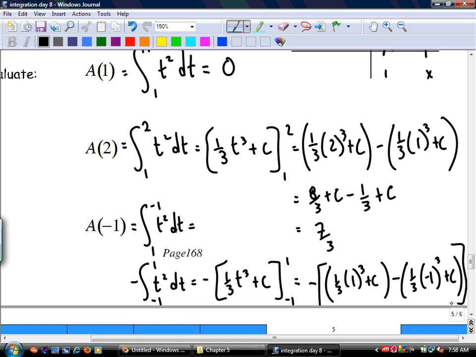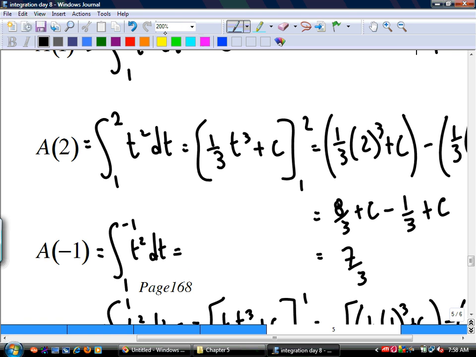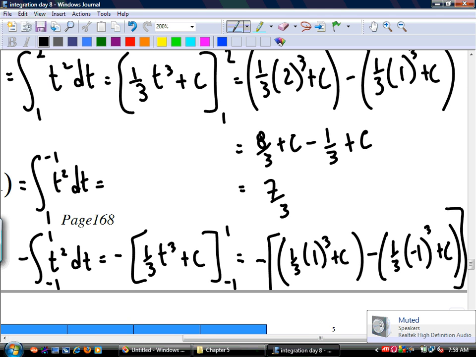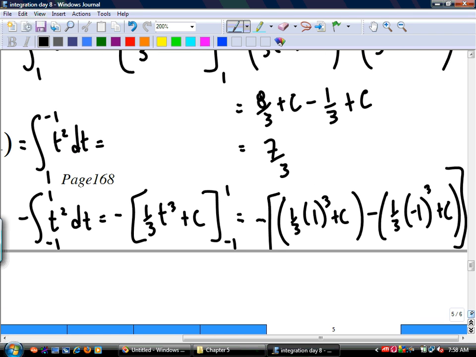Then you just clean it up. The c's cancel. You're left with negative one-third minus 1/3. So the answer is negative 2/3.